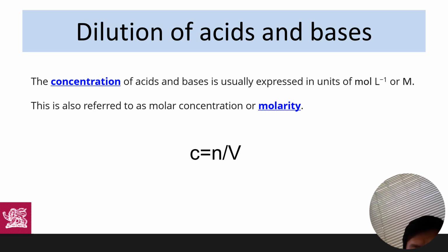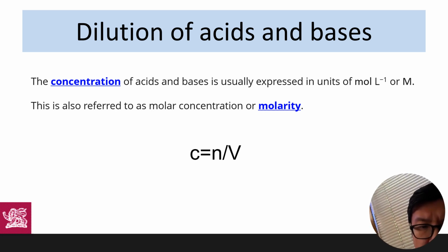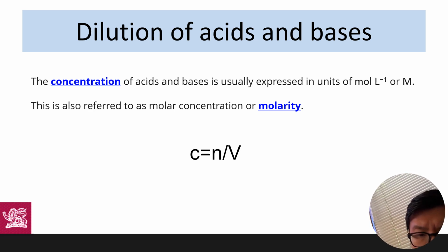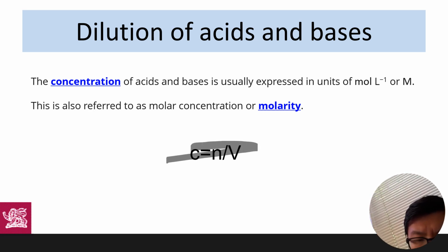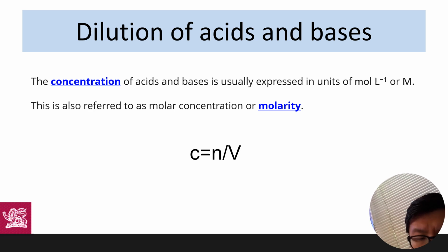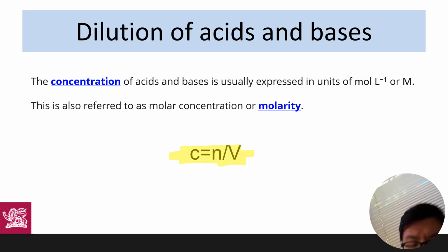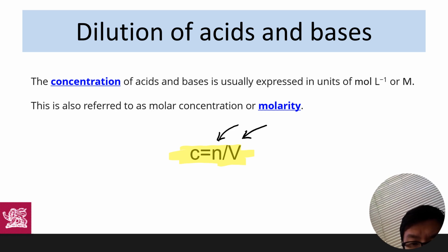Setting that aside, we've got here dilutions of acids and bases. Okay, so we've looked at this formula. This one is given to you on page 5 of your information sheet, and it's measured in terms of moles per liter.